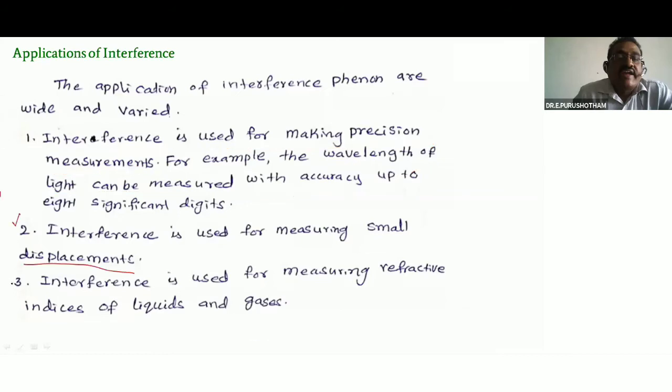Third one: interference is used for measuring refractive indices, mu, of liquids and gases.